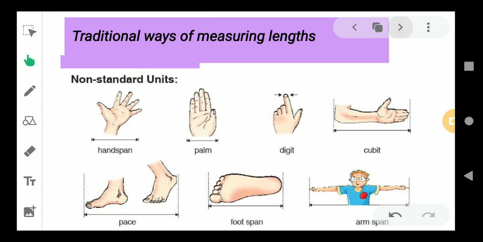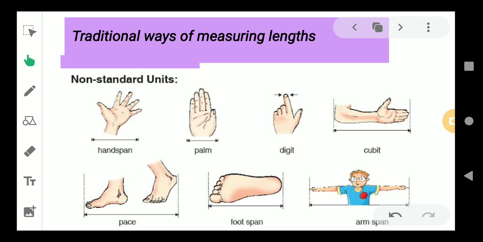Let's see some examples. In traditional days, how did people measure things? Did they have a standard measurement? No, they didn't have a standard measurement. During those days, people used some non-standard units. That means their own body parts were used to measure the length.